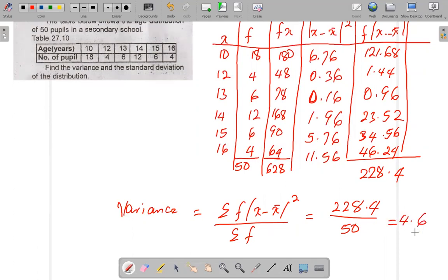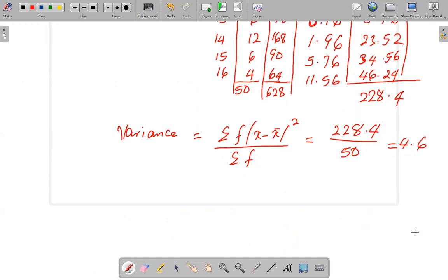Standard deviation is the square root of variance. So that will be the square root of 4.6. The square root of 4.6 is 2.14. Now it is not proper to take the square root of an approximated value.